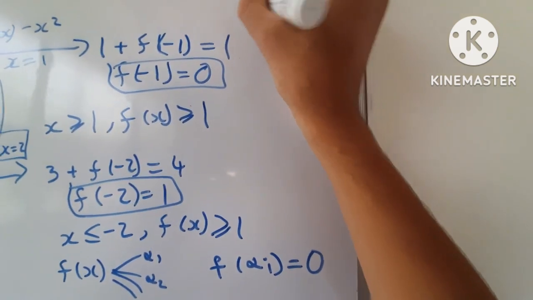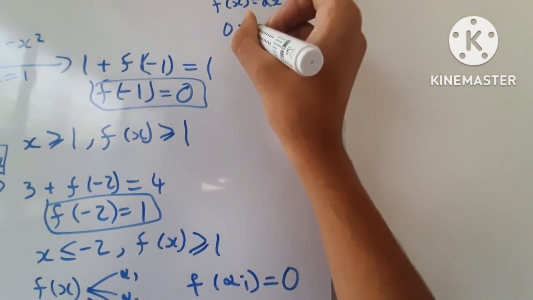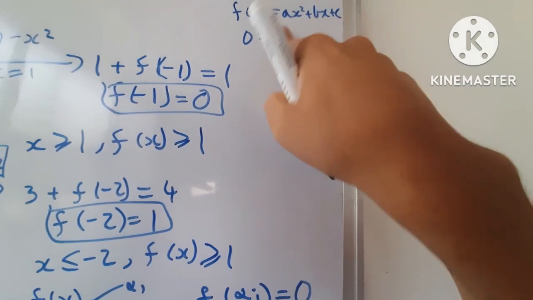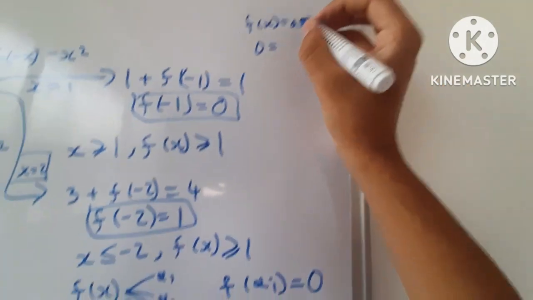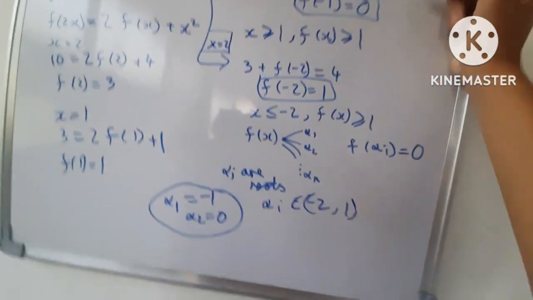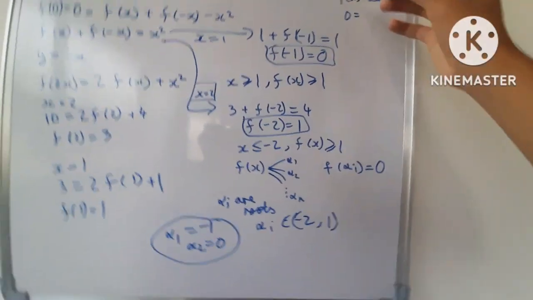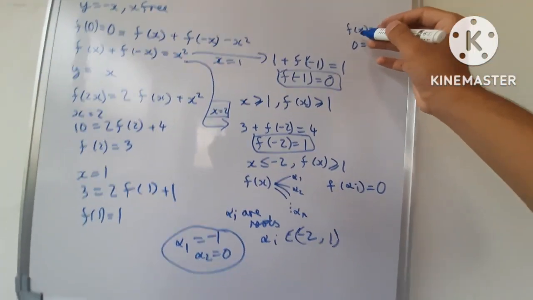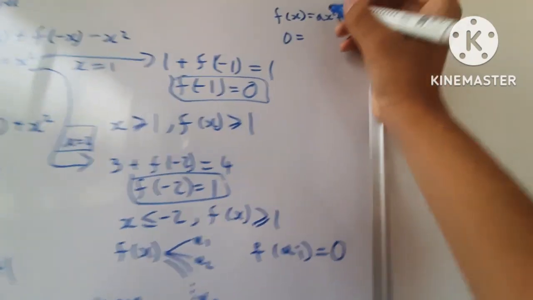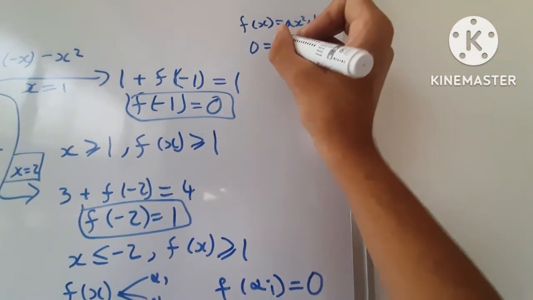So we plug in 0 into here, and we know f of 0 is 0, so c is equal to 0.